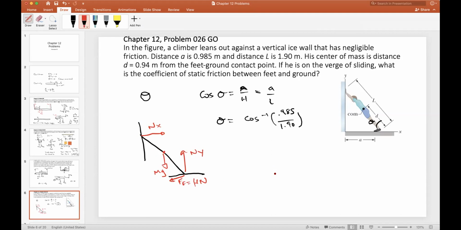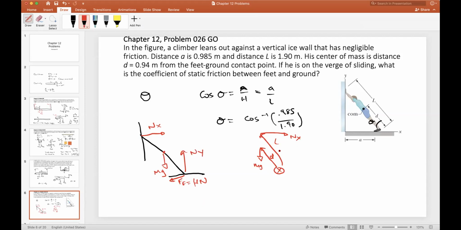And so if I put my axis of rotation here, I don't have to worry about the friction. All I would have is his weight, mg, at a distance d, and at a distance L, I would have the normal in the X acting.